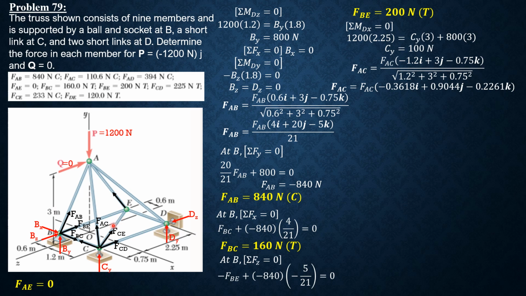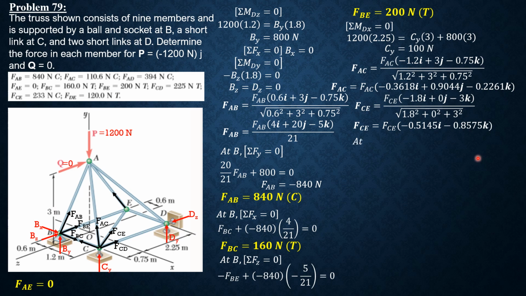FCE in vector form is negative 1.8i, 0j, then negative 3k, divided by the square root of 1.8 squared plus 0 squared plus 3 squared. Simplifying, FCE is FCE times negative 0.5145i, then negative 0.8575k.